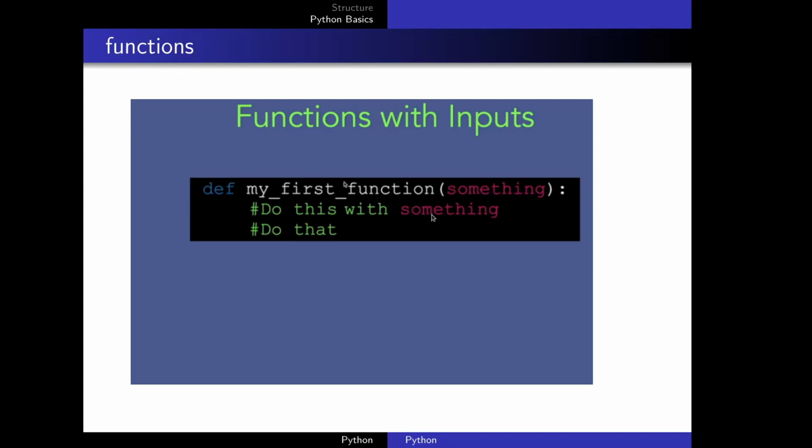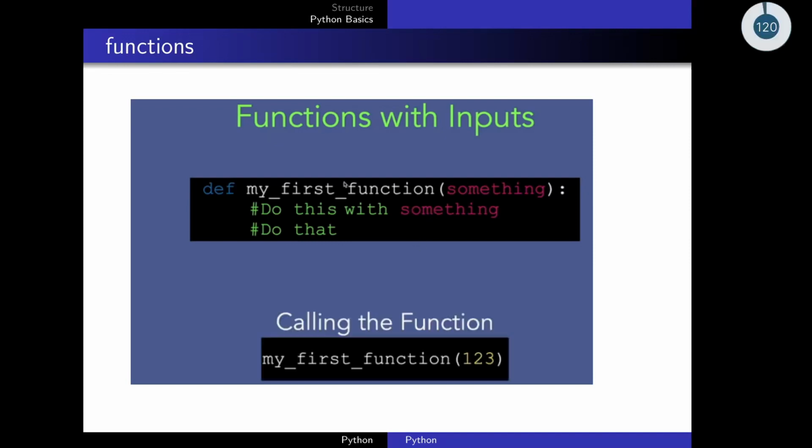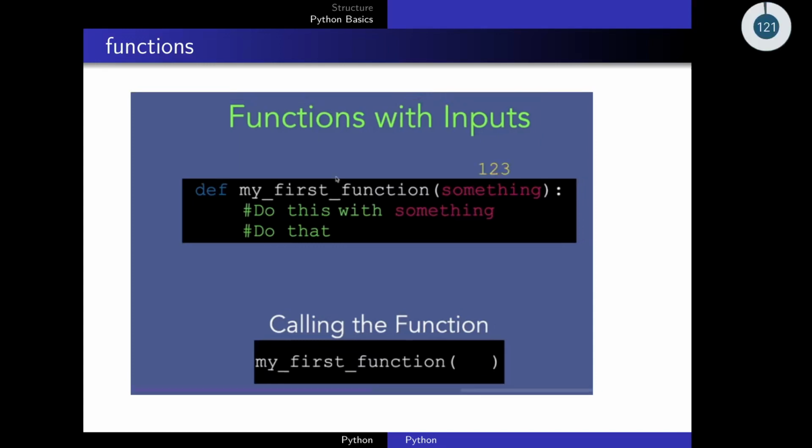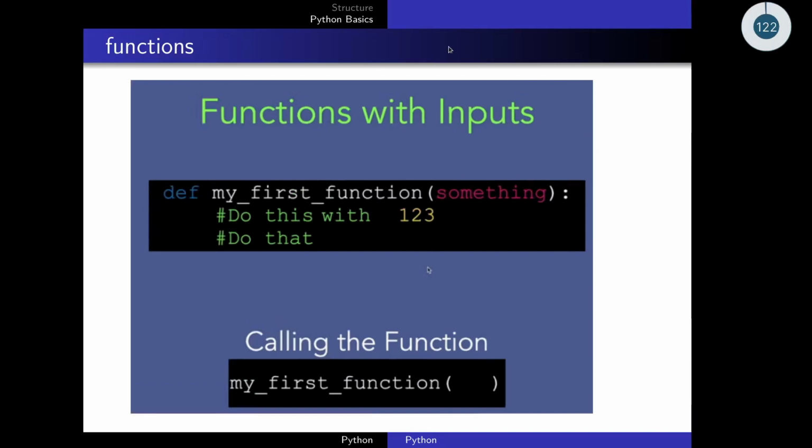Then when I am calling the function, instead of having an empty bracket, I will call it with a value here. What will happen when the code runs, this value gets passed to this something and it will get passed to here. Do this with 123. So through something we passed in this value.